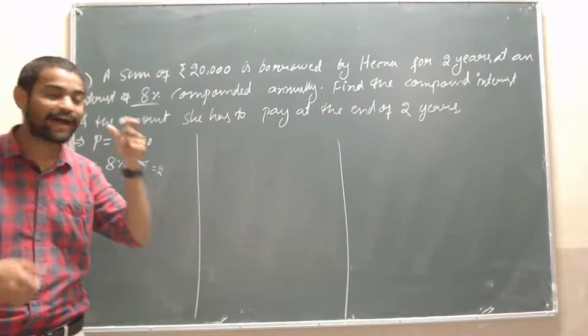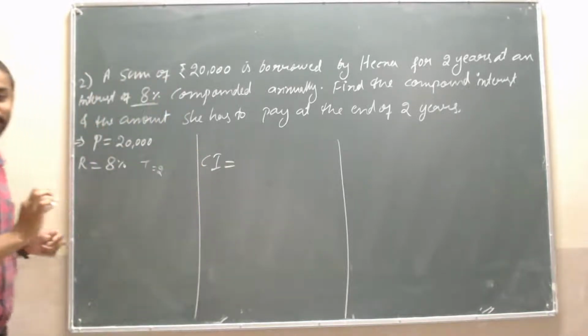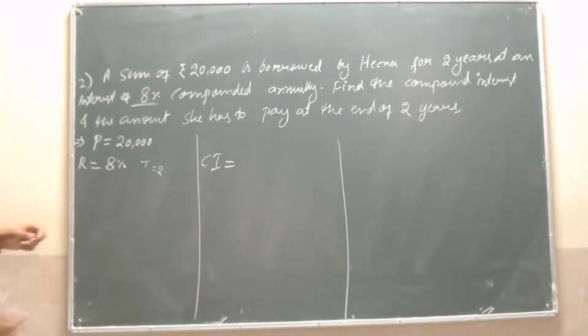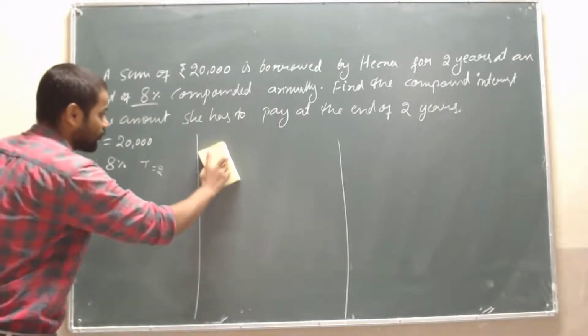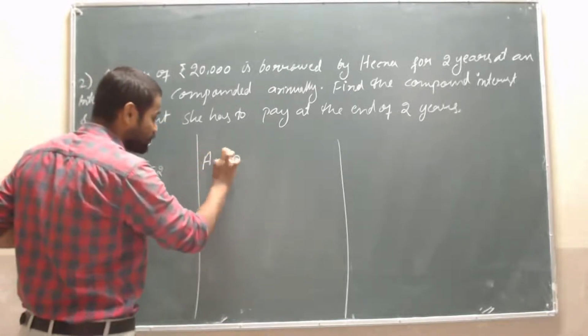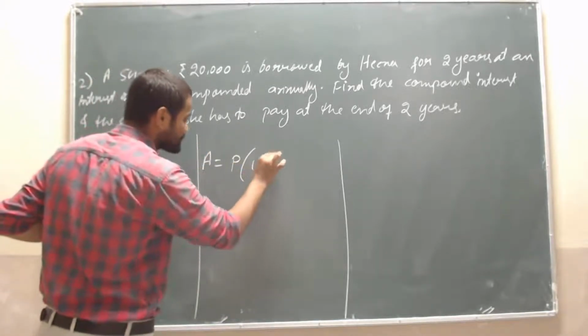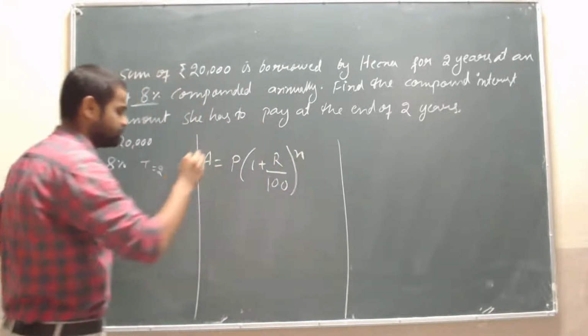What type of formula? First I will write the formula of amount. Amount is equal to P into 1 plus R by 100 whole to the power of n.